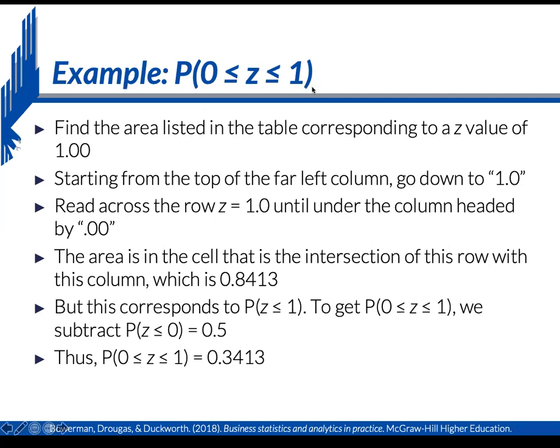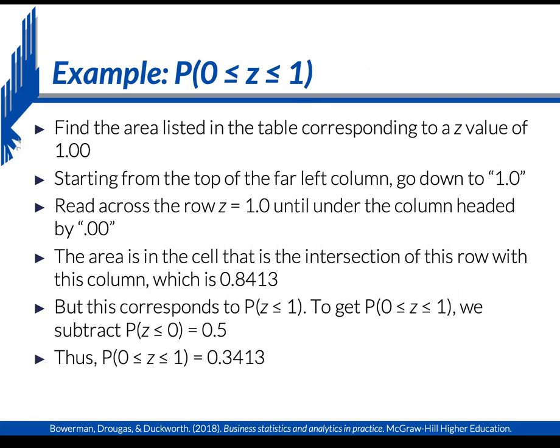Now, in another example, we are asked to find the probability that z is between 0 and 1. Visually, we need to look for the total area between the center, between 0 and a z-score, which is 1.